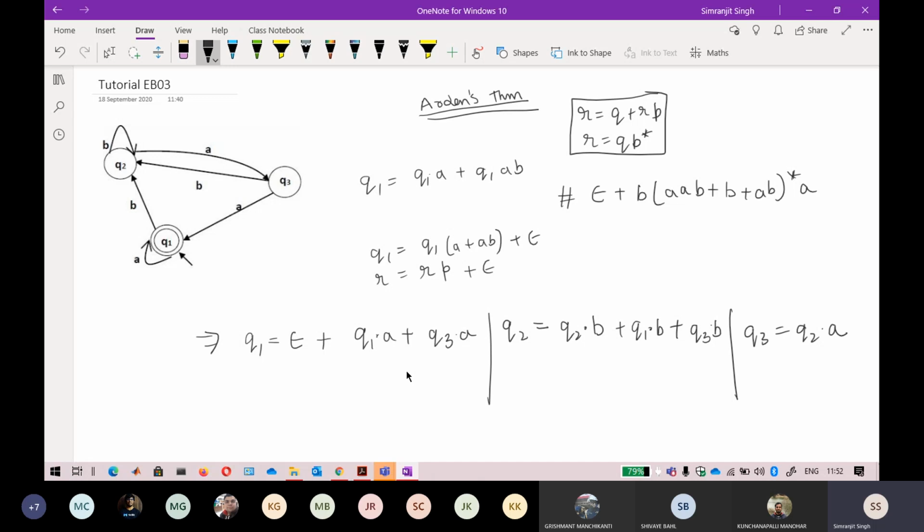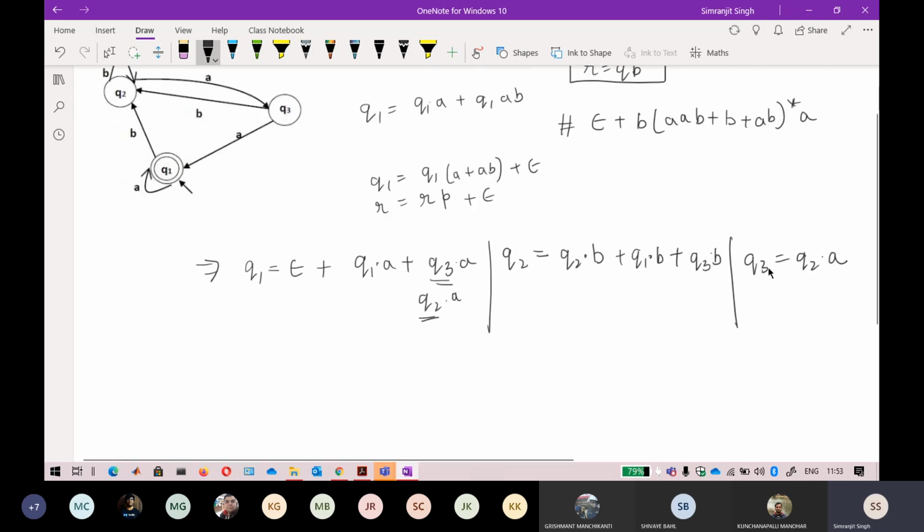Okay, so if I can see this, I can put Q2A in this Q3, so that I can transform this into Q equal to Q plus RP without solving anything of Q2. But if I put a Q2A here, I have to put the value of Q2 again. So I don't want to do that. I just solve this one instead. That I solve this Q2. Whatever be the value of it, I will put that value in that Q2.